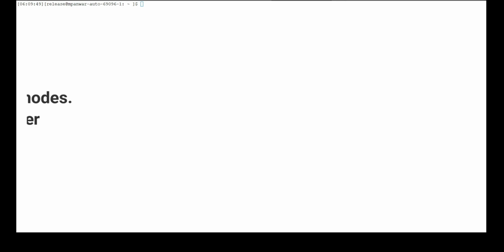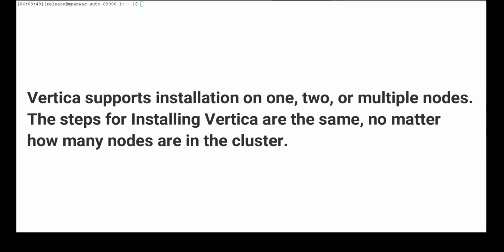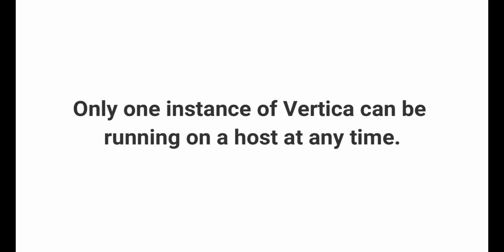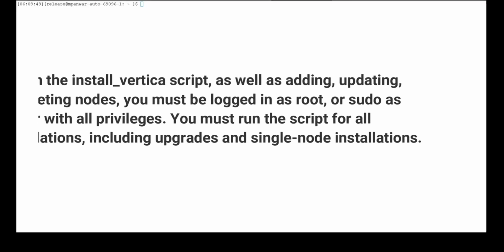Vertica supports installation on one to any number of nodes. The steps for the Vertica installation are the same no matter how many nodes you have in the cluster. Only one instance of Vertica can be running on a host at any time. To install Vertica, we can use the Vertica installation script.